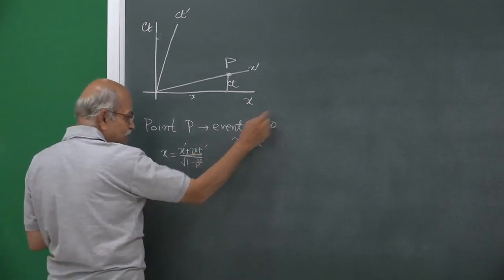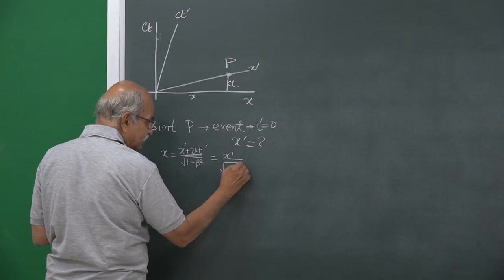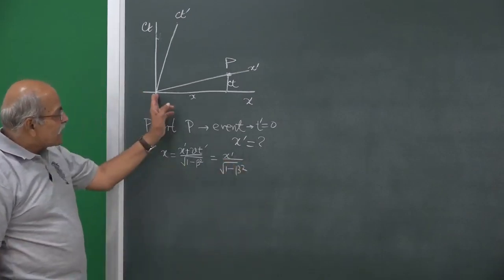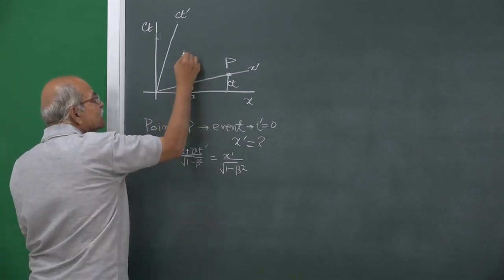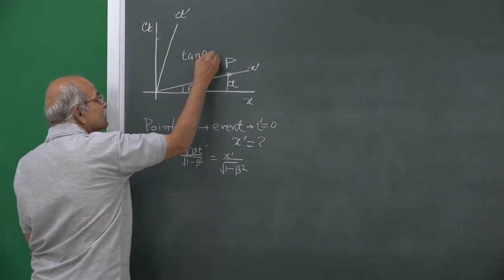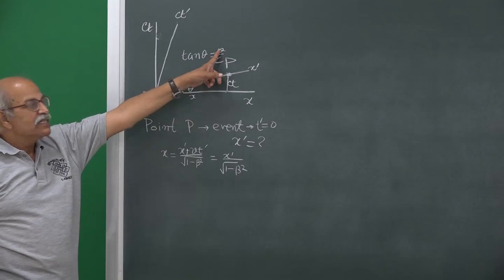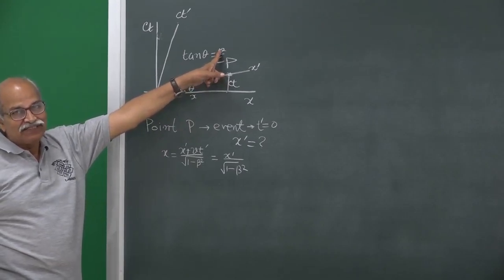Since t prime is equal to 0, x is x prime divided by square root of 1 minus beta square. And from this diagram, I know this theta. Tan theta is V by C, and this V is the velocity of frame S prime with respect to frame S.